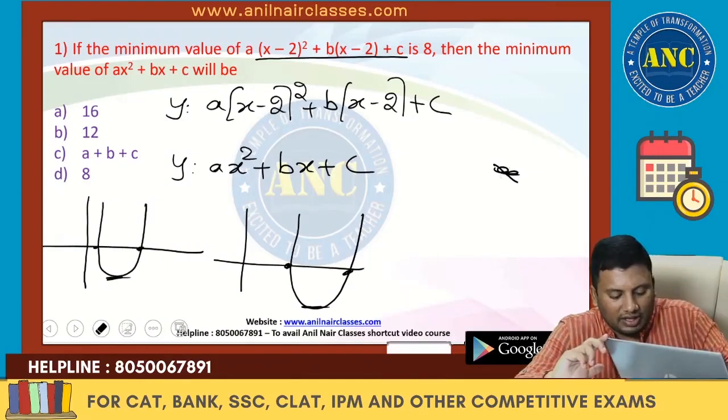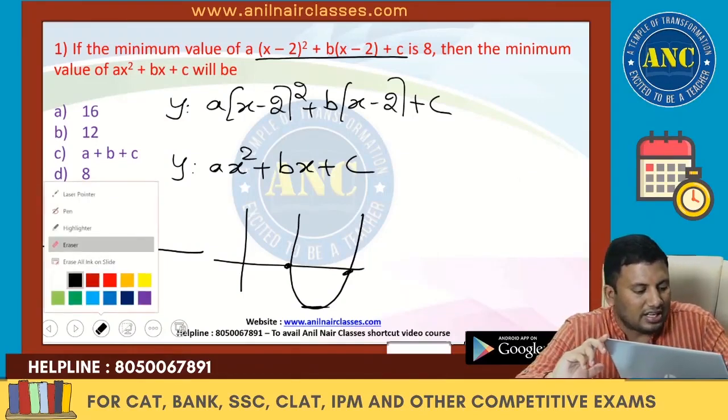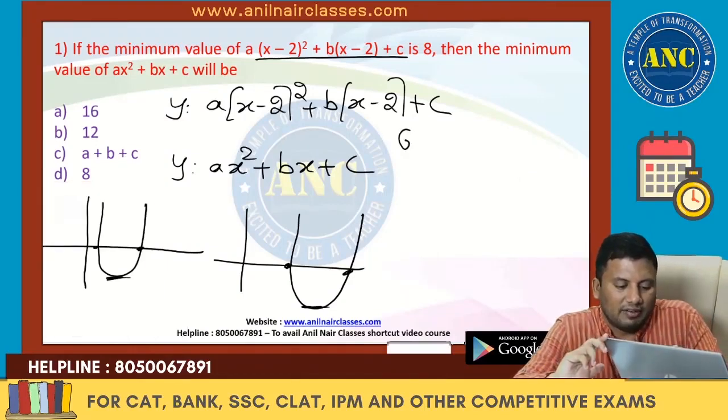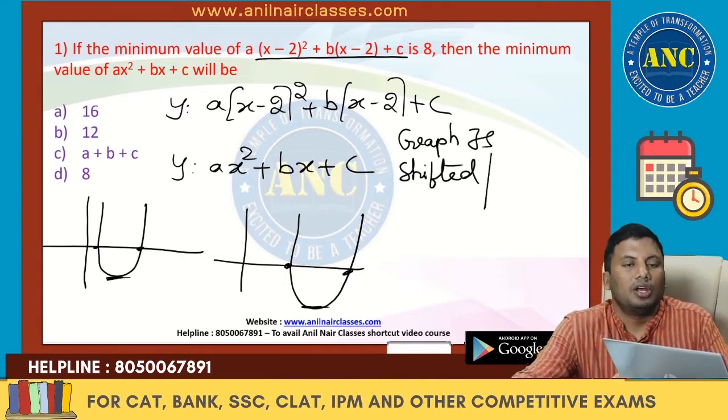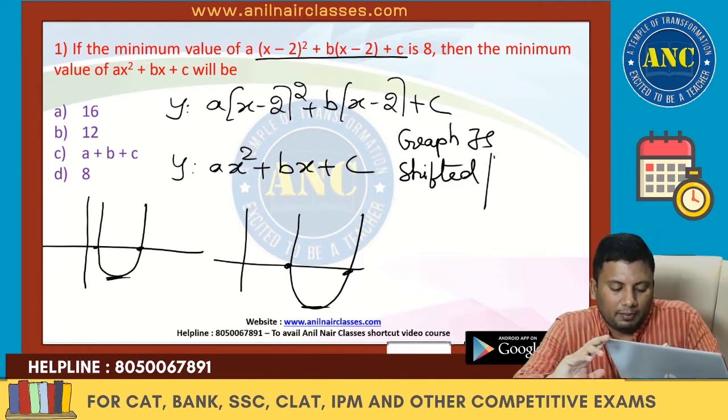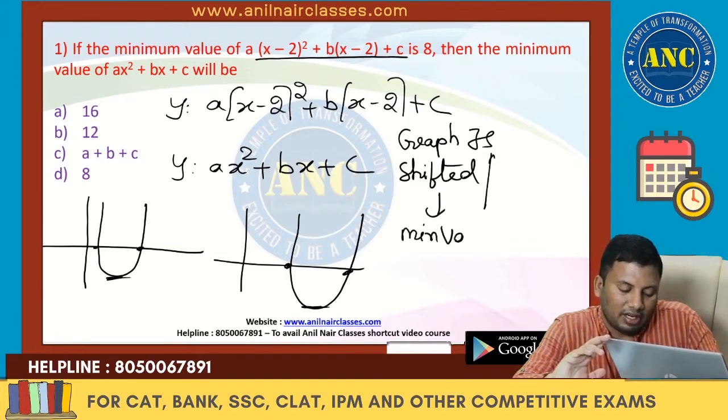Let me start with the relative things. Please write down these points. If the graph is shifted, the minimum value of the graph does not change.